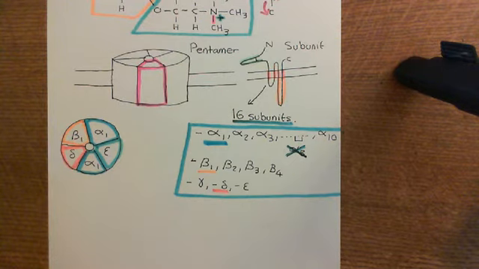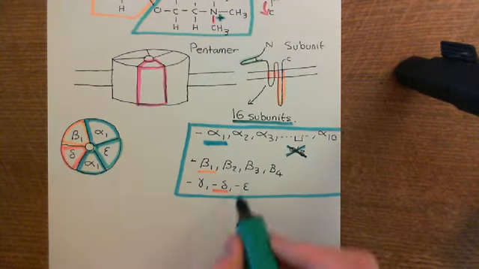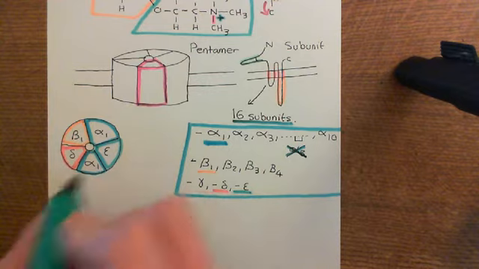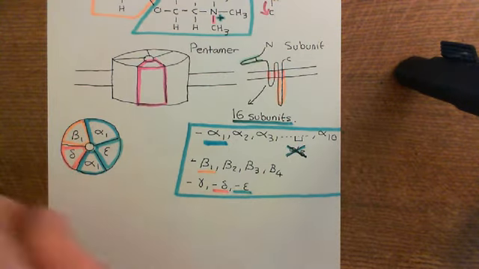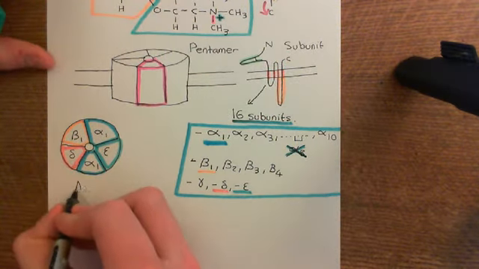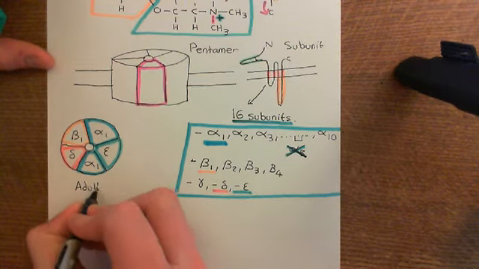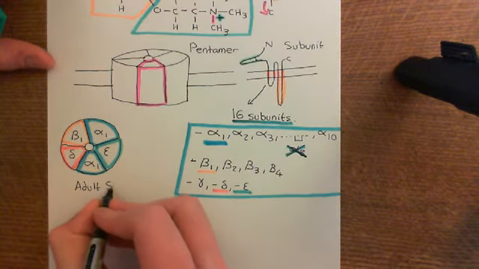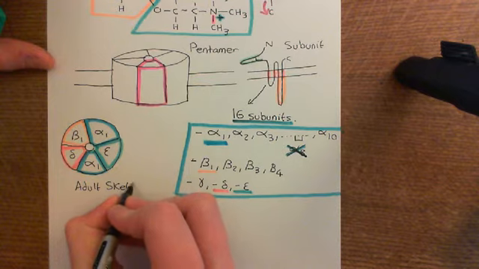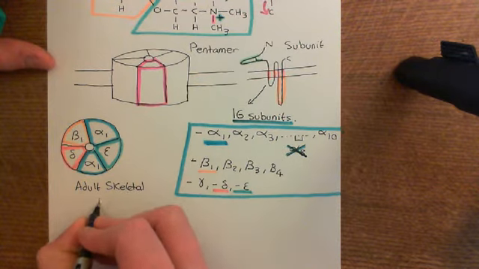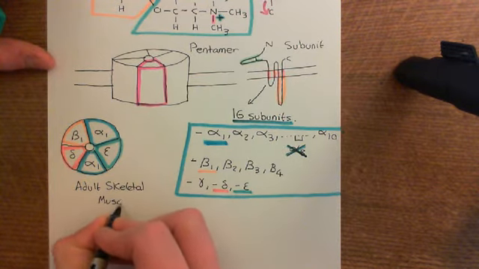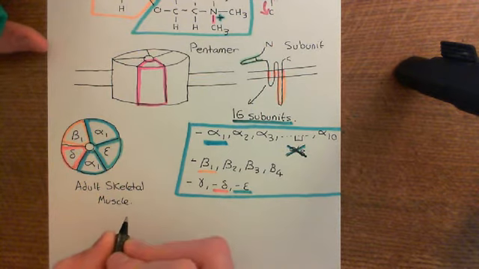skeletal muscle nicotinic acetylcholine receptor on Google. This is the one that is found on adult skeletal muscle, so on the skeletal muscle of you and I. There is a different one that is used on fetal skeletal muscle. Now it's only subtly different.